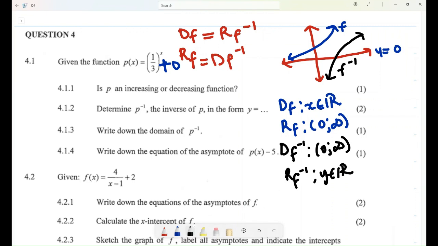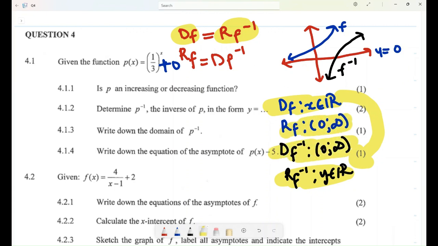Now, as I said, the domain of f is equal to the range of the inverse. Is it true? Yes, that is true. Whatever this is here, real numbers, when you come to the domain of the inverse, you just change it. Let's confirm: the range of f is the domain of the inverse.